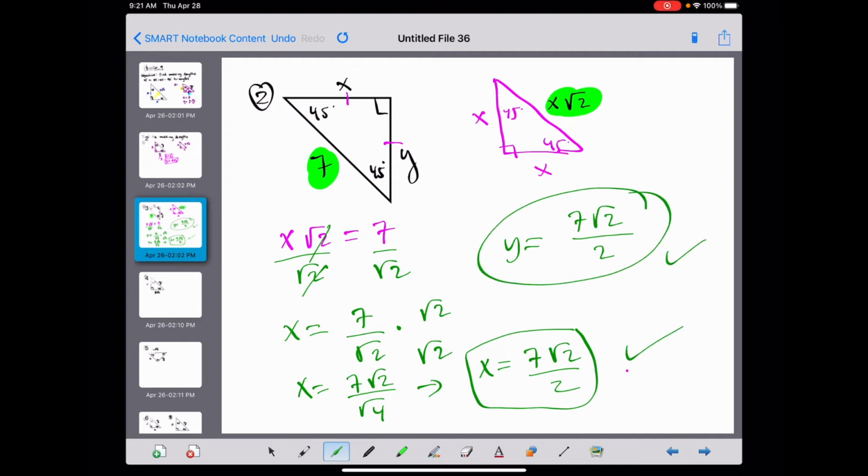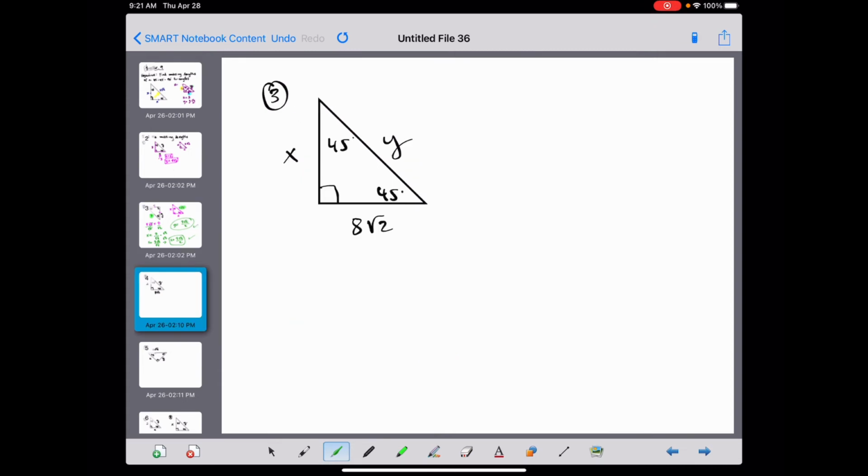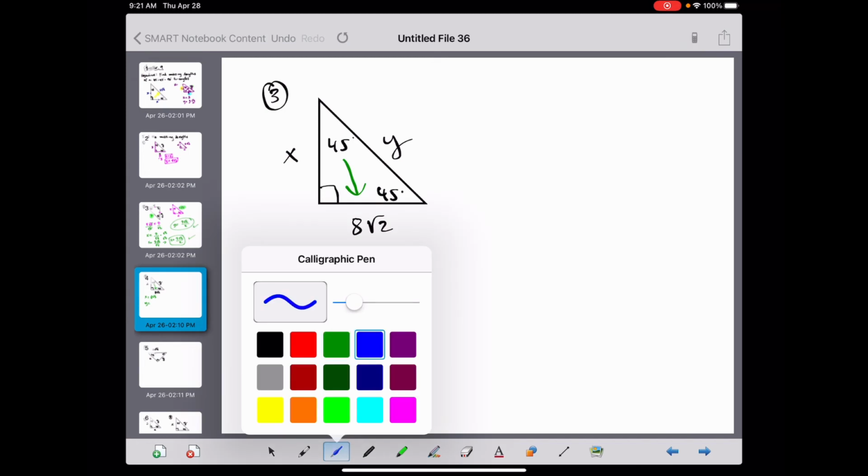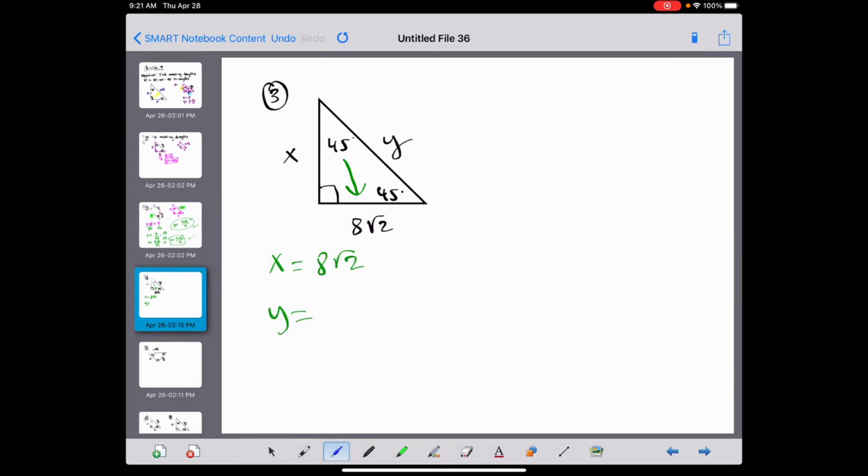Okay, let's move on to number 3. So number 3, we're given one side across from the 45 degrees, so that's easy to find x, right? So x has to be 8 square root of 2. And then to find y, this is the part where some of you are going to get confused. So now remember, it's 8 square root of 2 times square root of 2.